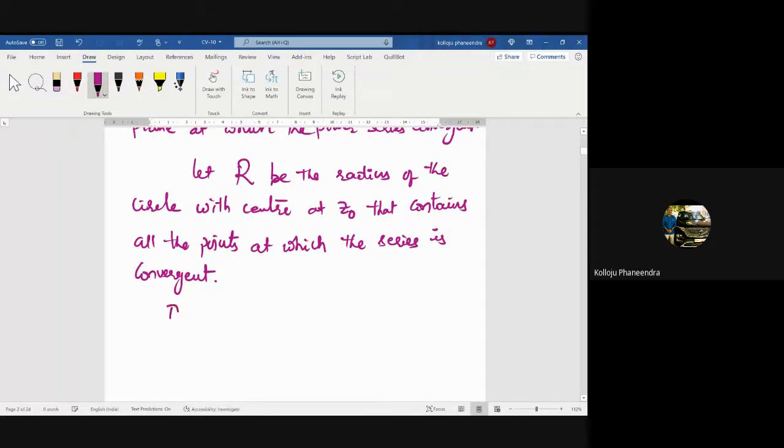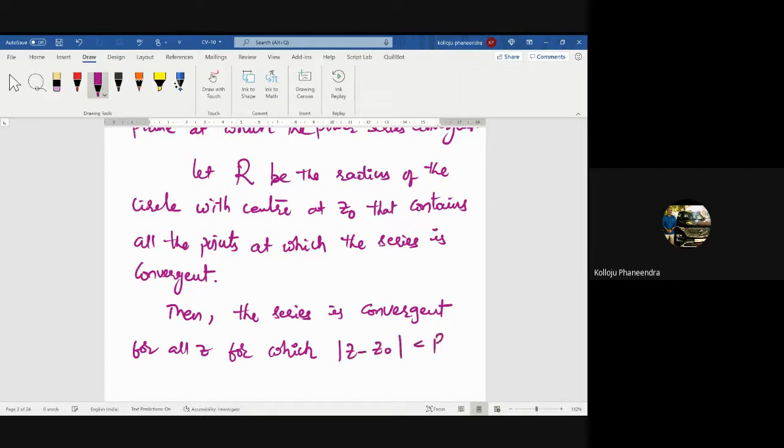Then the series is convergent for all z for which modulus of z minus z0 is less than R. You know, mod z minus z0 equal to R means what?